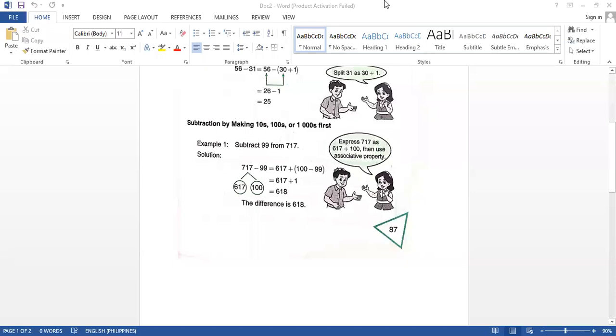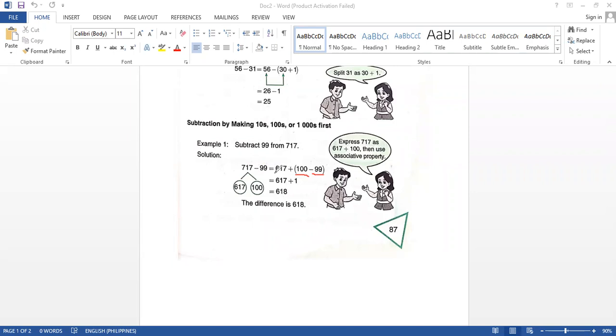Okay, so we're going to subtract 99 from 717. So 717 minus 99 is, if we're going to subtract not one, we use this one. We put 100 because 99 is in 100.